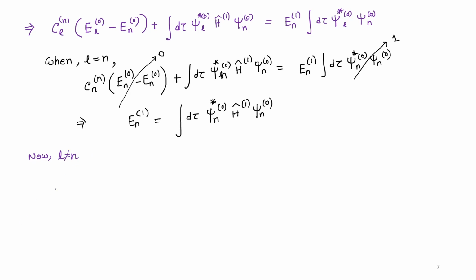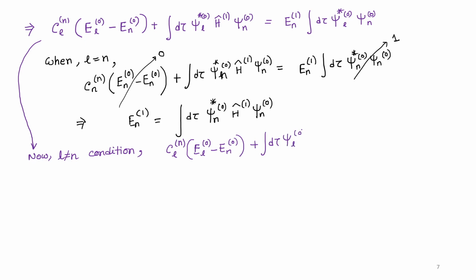For the l not equals to n condition, what do we have? We have c_l^n (E_l⁰ − E_n⁰). I'll rewrite the term, then you will understand why I am rewriting.